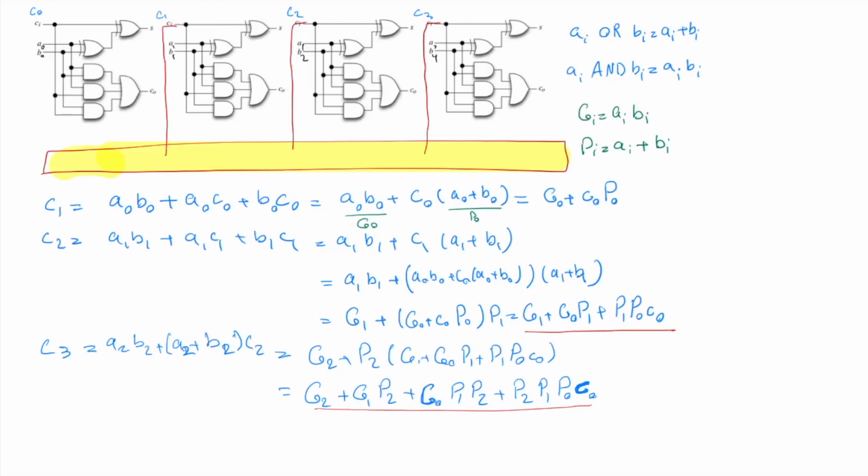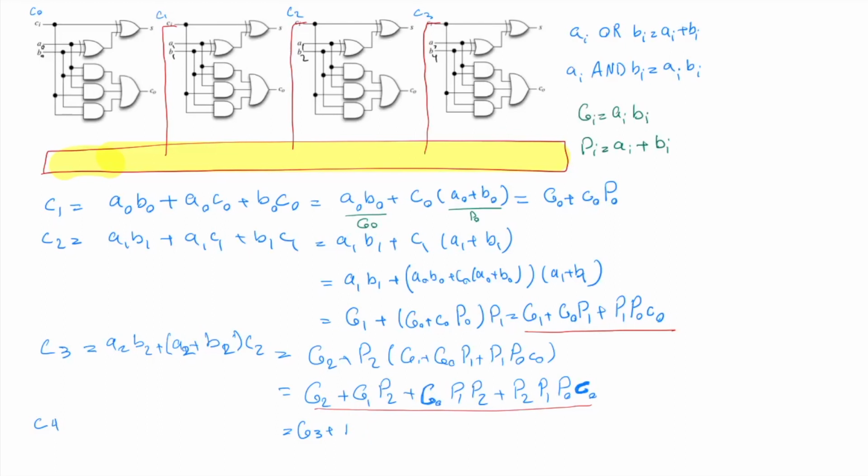If you do the same trick for C4, you might have gotten the hang of it at this point. You're going to be left with something like this: G3 plus P3 G2.